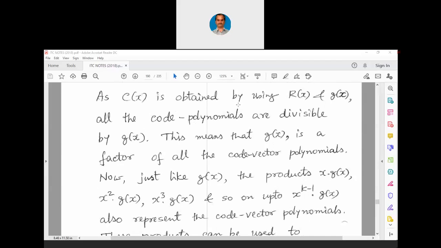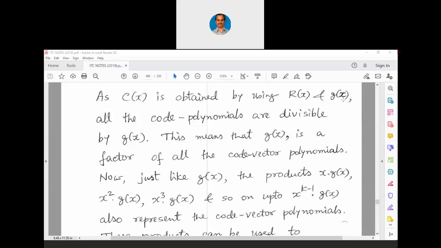As C of x is obtained, that means the code vector is obtained using the remainder polynomial and the generator polynomial, all the code polynomials are divisible by G of x. Right? We obtained a remainder polynomial by a division, and the remainder polynomial was concatenated, so to say, with G of x.